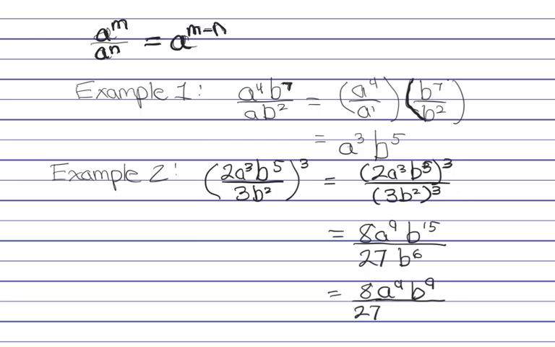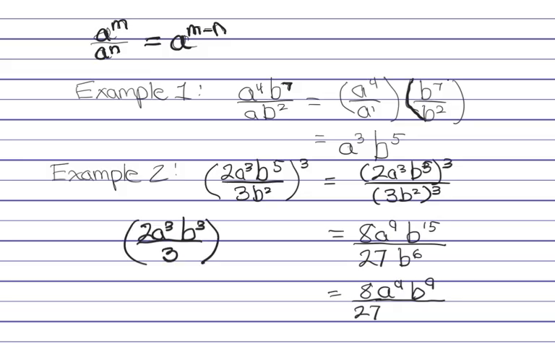Another approach that I could have taken would have been to look at the b's from the very beginning, and instead of raising both of the b's to the 3rd power, I could have subtracted the exponents first. So let's take a look at what that would have looked like. I would still have 2a cubed, but I would do b, and I would take the 5 minus 2, and I would have a b to the 3rd over 3.